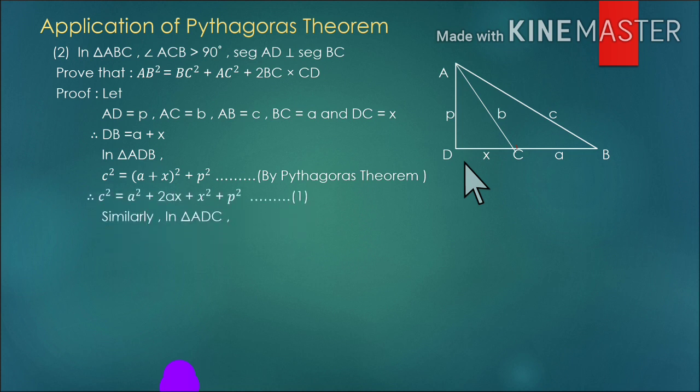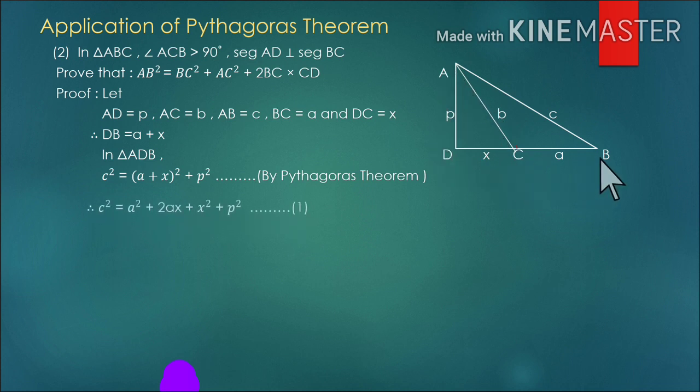Again, let AD be equal to P, AC is B, AB is C, BC is A, DC is X, and BD is equal to A plus X. Now in triangle ADB, angle D is 90 degrees. Therefore by Pythagoras theorem, C square is equal to P square plus A plus X whole square.